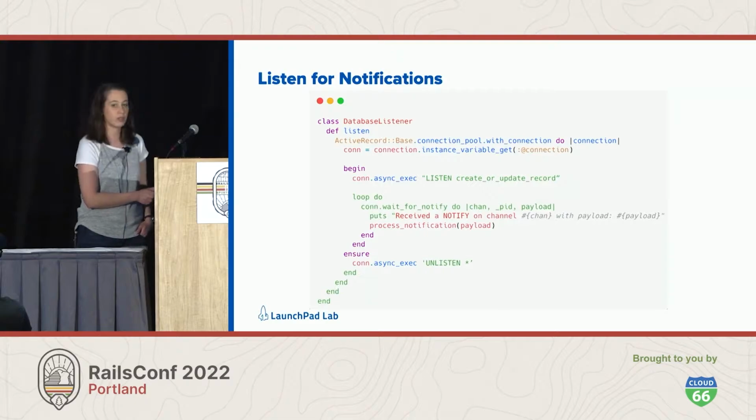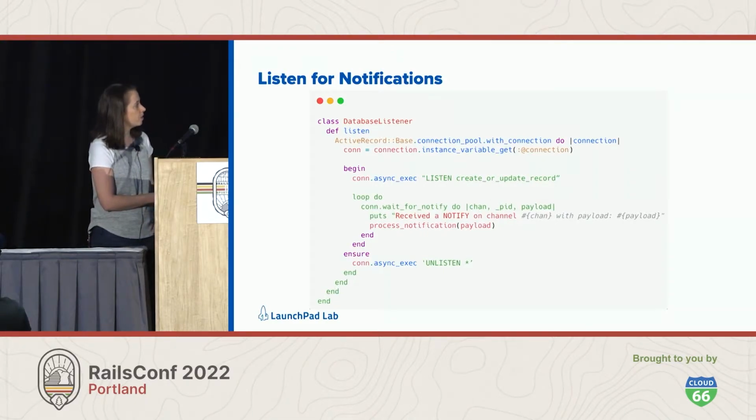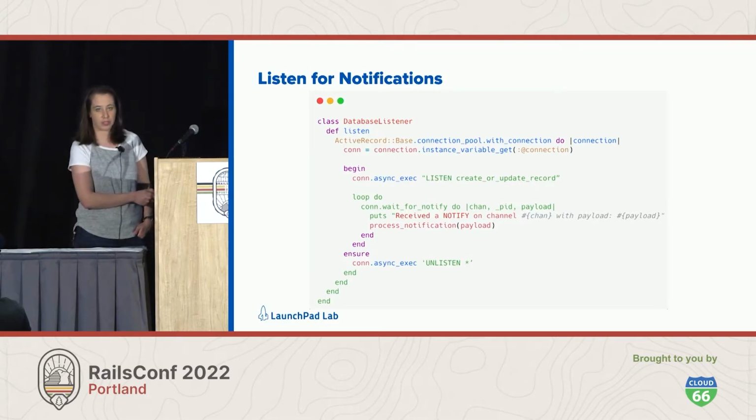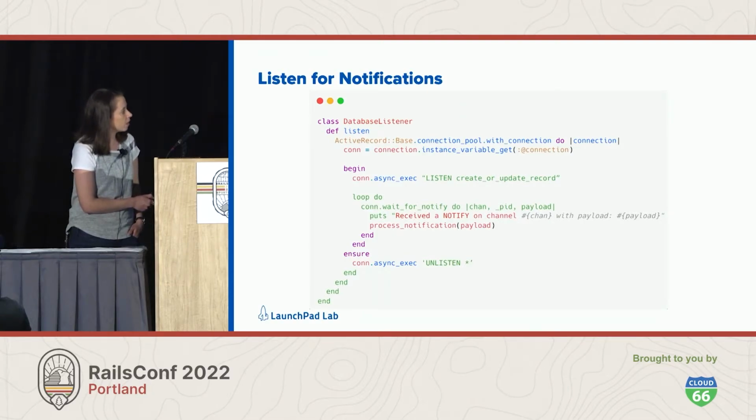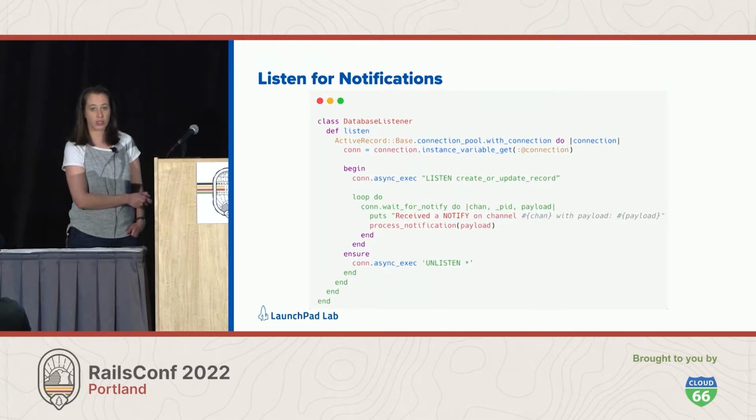You obviously want to be careful of that, as we'll talk about. This wait_for_notify is a Ruby wrapper around Postgres to expose these elements that I talked about. This is the magic behind the scenes in terms of listening for that notification. And then you can go ahead and do stuff. Like I said, you can do all that in Ruby. You don't have to do it in SQL, which was the best part.